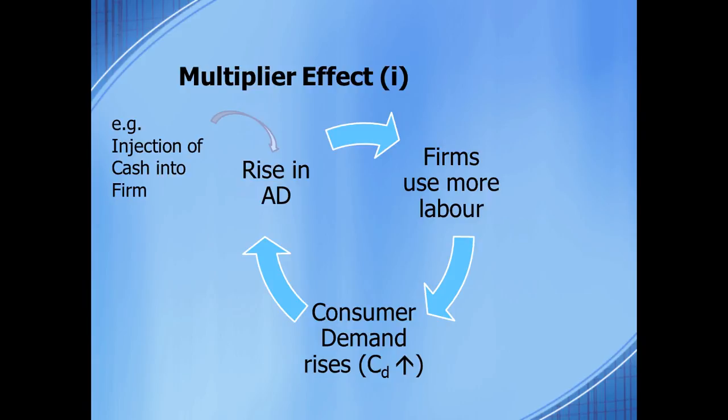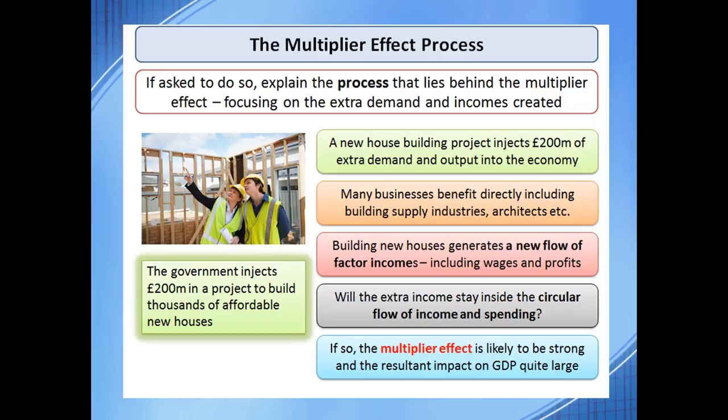Then, with more wages and income, people have more to spend, more money in their pockets, which likewise means there's a rise in aggregate demand and firms use more labour, and so on. This is the multiplier effect, and I've got an example here.